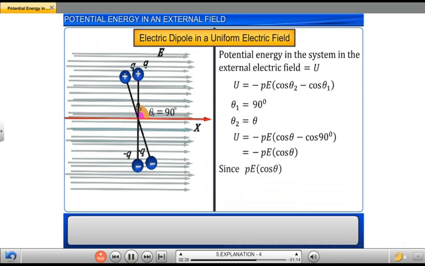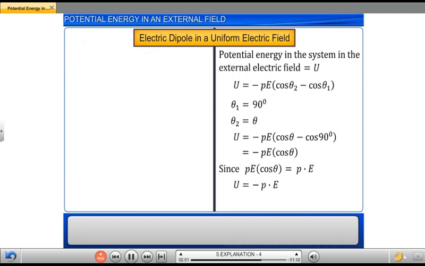We can express PE cos theta as P dot E. Then, potential energy U of the dipole is expressed as U equal to minus P dot E.